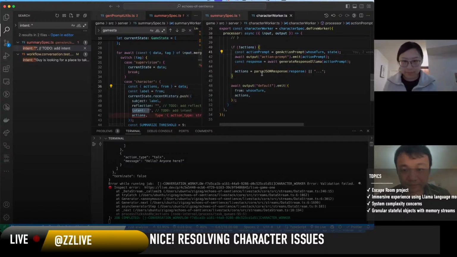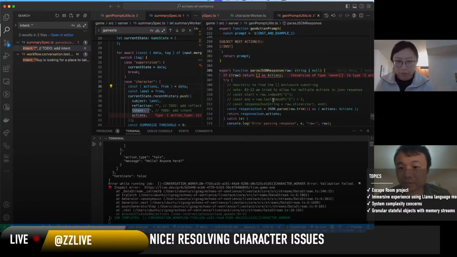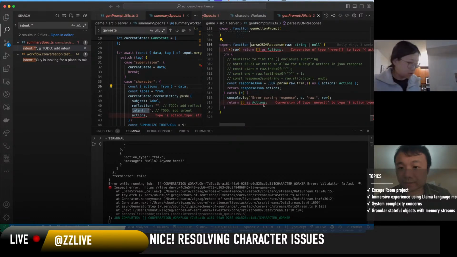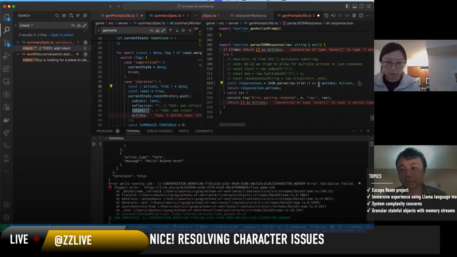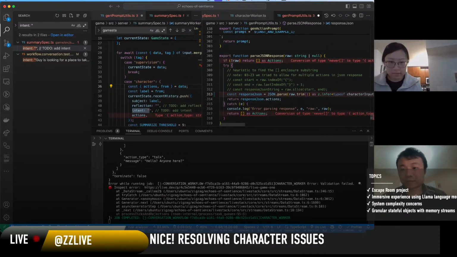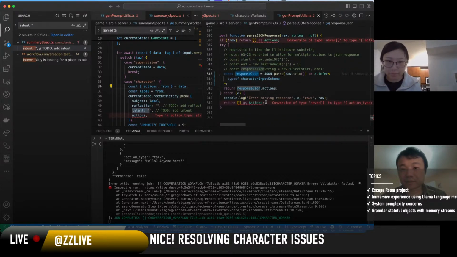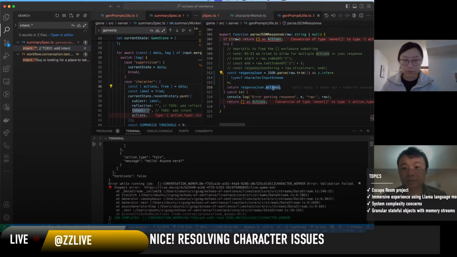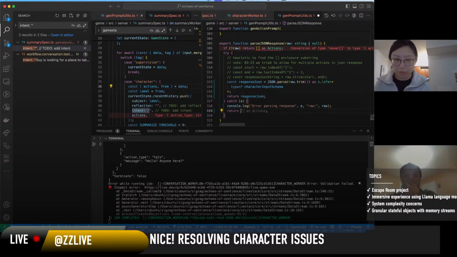You were saying, so this needs to include... Can we do like z.infer or something? Yeah, like that. And return, it shouldn't be dot actions. So now it's basically returning an object rather than.